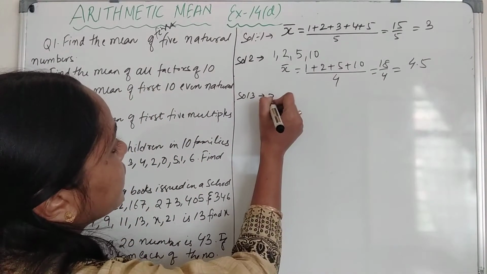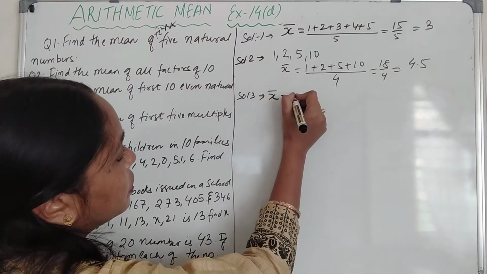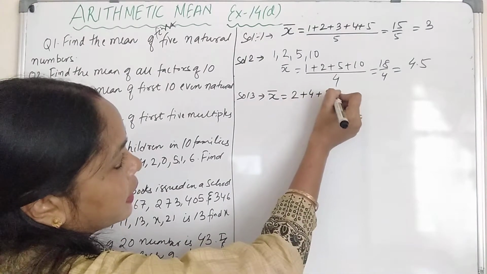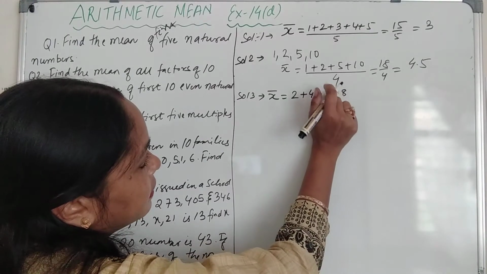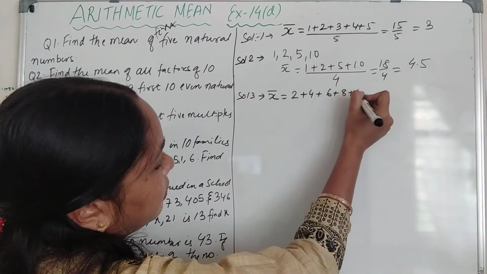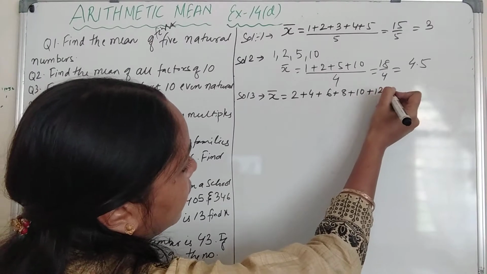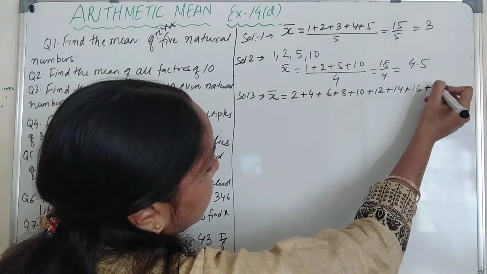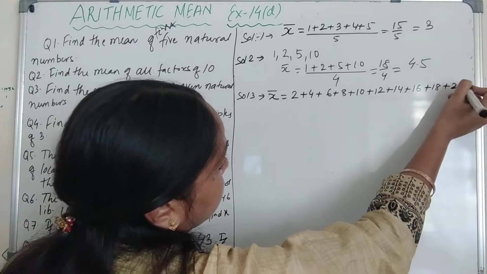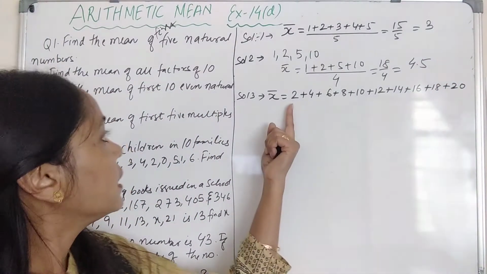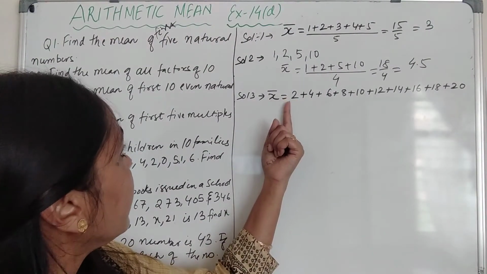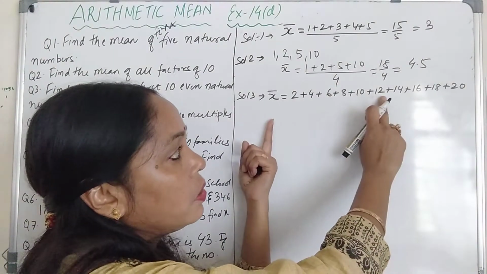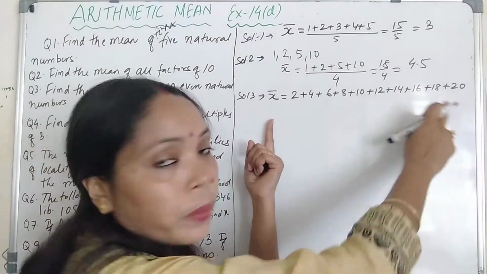So x bar is equal to 2 1s are 2 plus 2 2s are 4, 2 3s are 6, 2 4s are 8, 2 5s are 10, 2 6s are 12, 2 7s are 14, 2 8s are 16, 2 9s are 18 and 2 10s are 20. See all the even numbers, the first 10 even natural numbers: 2, 4, 6, 8, 10, 12, 14, 16, 18, 20.